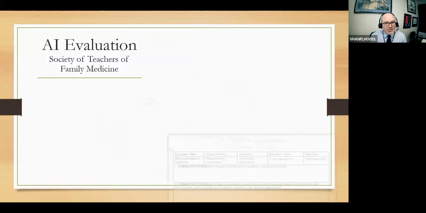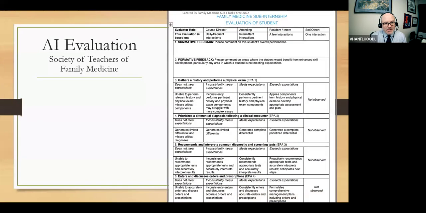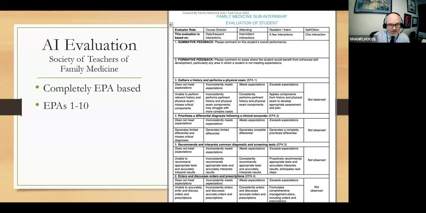And so along those lines, I showed you this from the Society of Teachers of Family Medicine. In their curriculum, they actually have a sample evaluation, which I find very helpful. As you may remember, it's completely based on the EPAs. They take the first 10 EPAs, they drop out those last 3, and they use milestones rather than numeric scales.